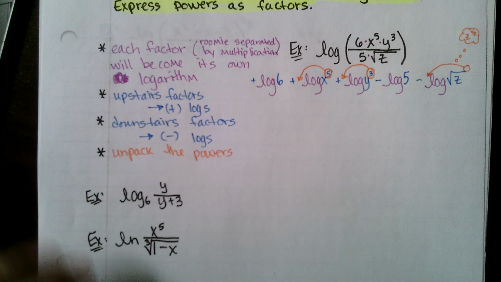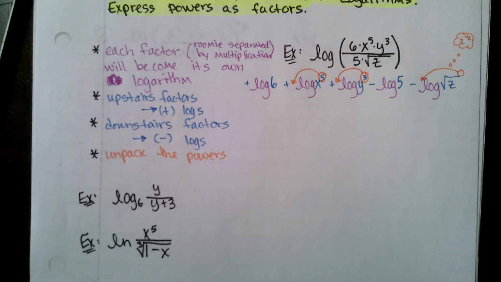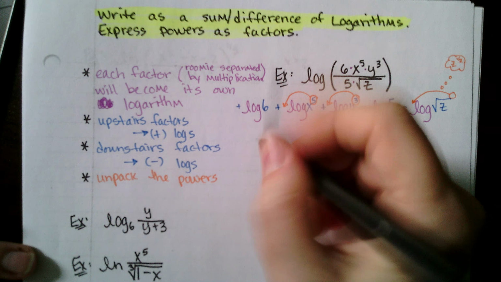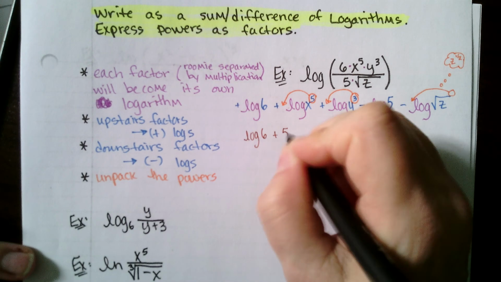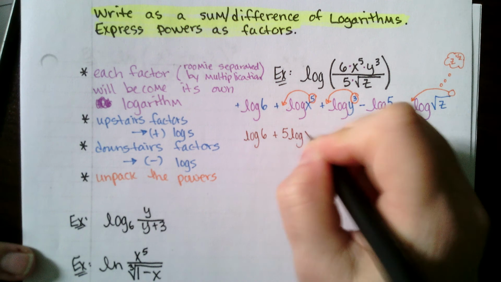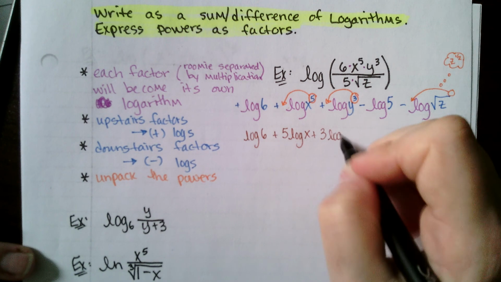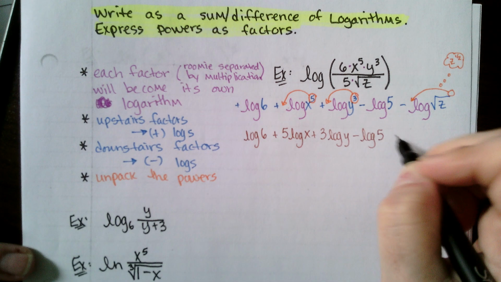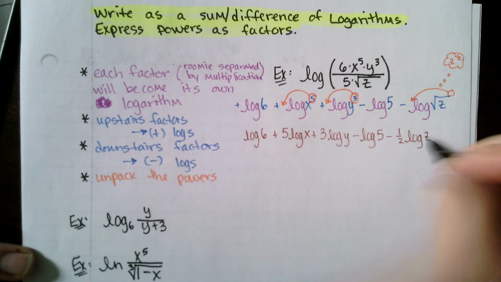So by the time we get all of those unpacked and written out front, the answer to expanding this logarithm will be a common log of 6 plus 5 times common log of x plus 3 times common log of y minus the common log of 5 minus 1/2 times the common log of z.